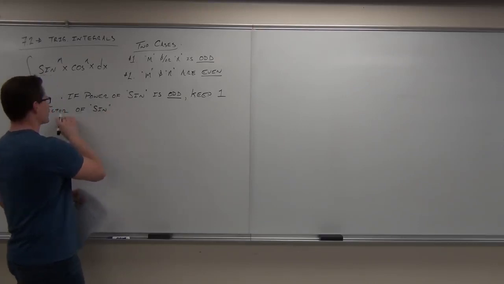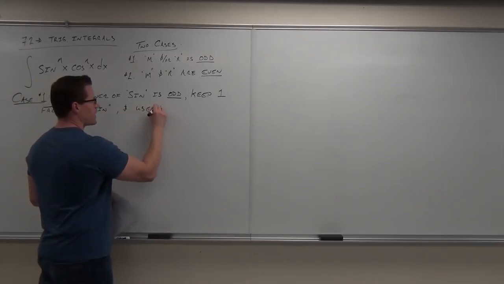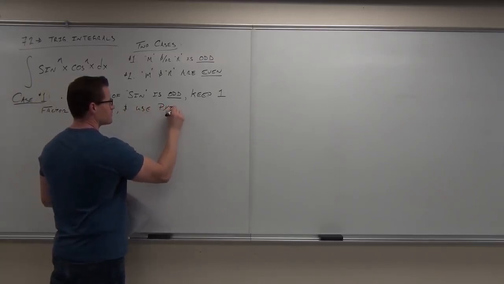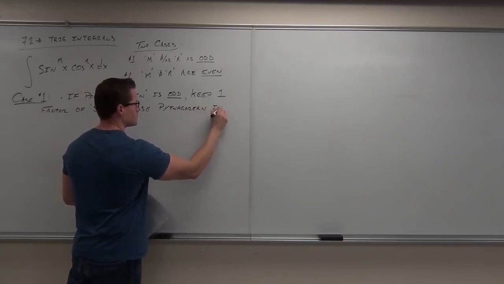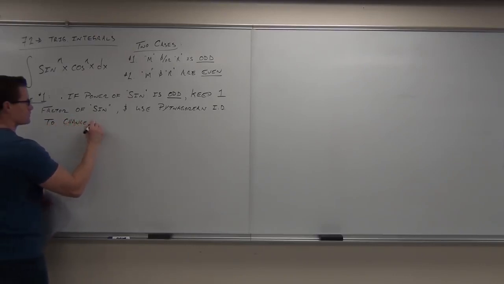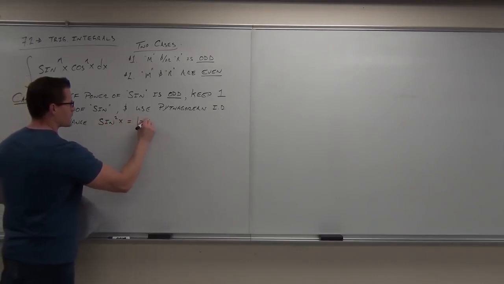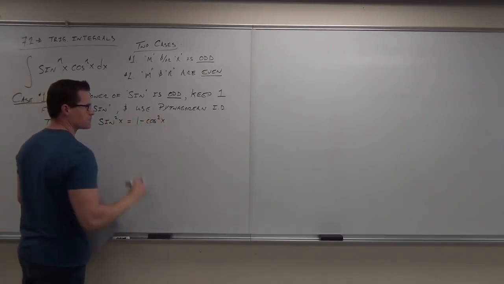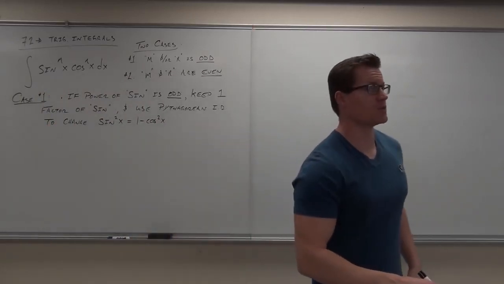So we keep one factor of sine, and use the Pythagorean identity to change sine squared x into 1 minus cosine squared x. You'll see in just a minute why this works and why we're doing it.